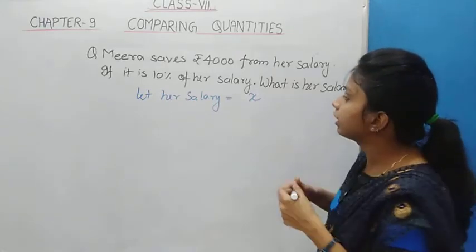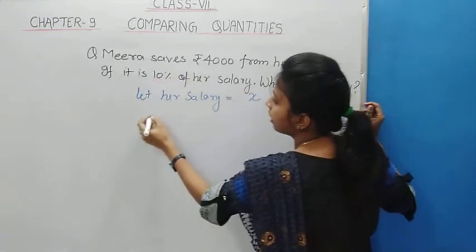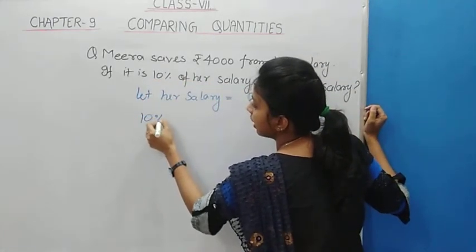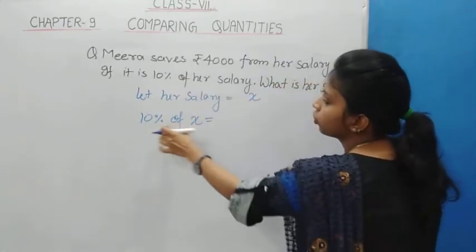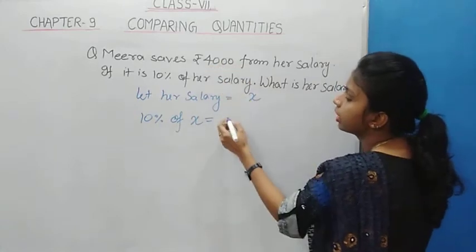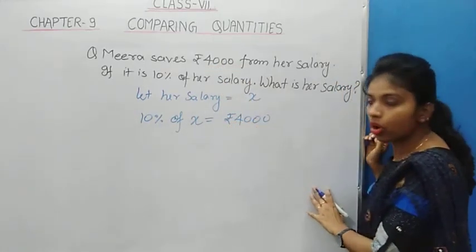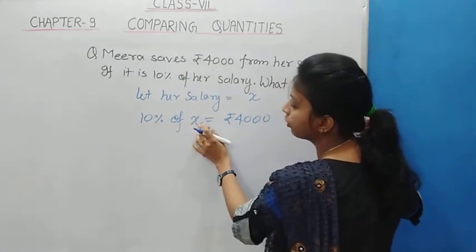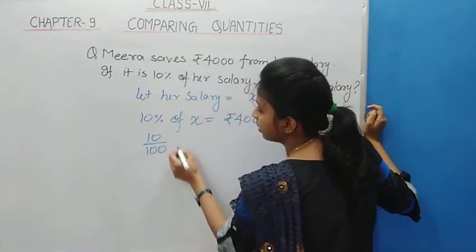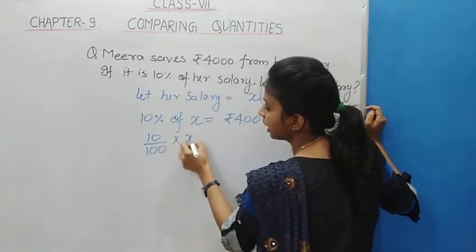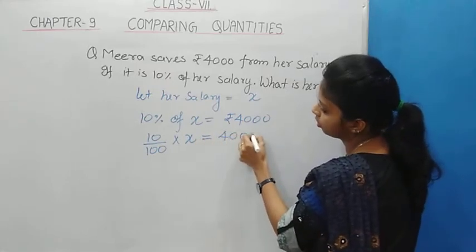According to the question, 10% of her salary means 10% of X. Her salary is X, so 10% of X is rupees 4,000. Let's solve. 10% of X means 10 divided by 100, of means multiplication, times X is equal to 4,000.